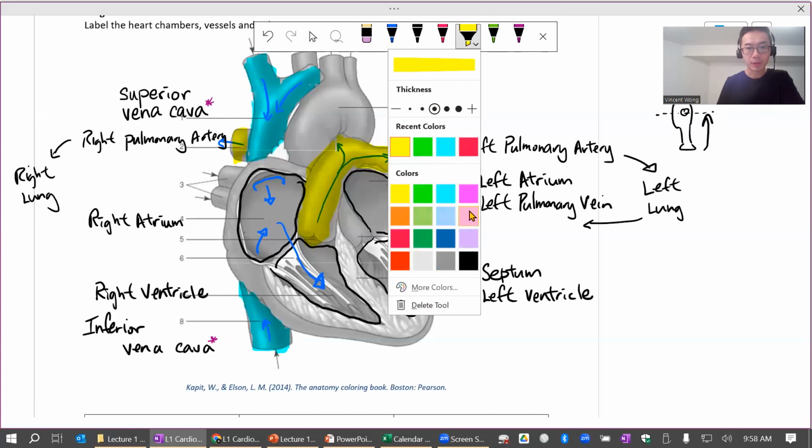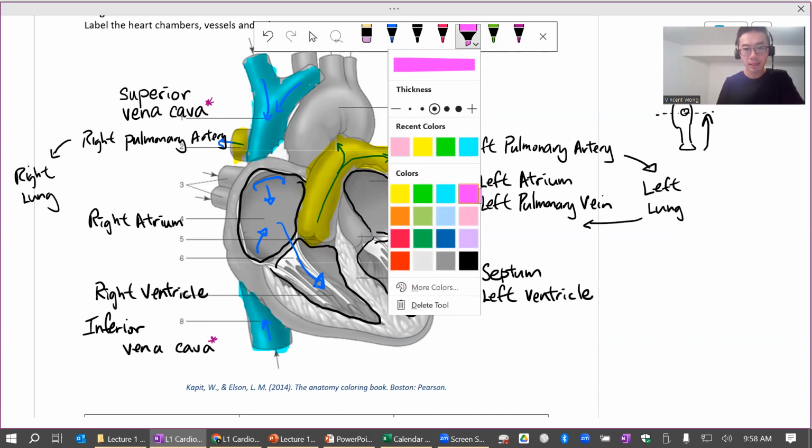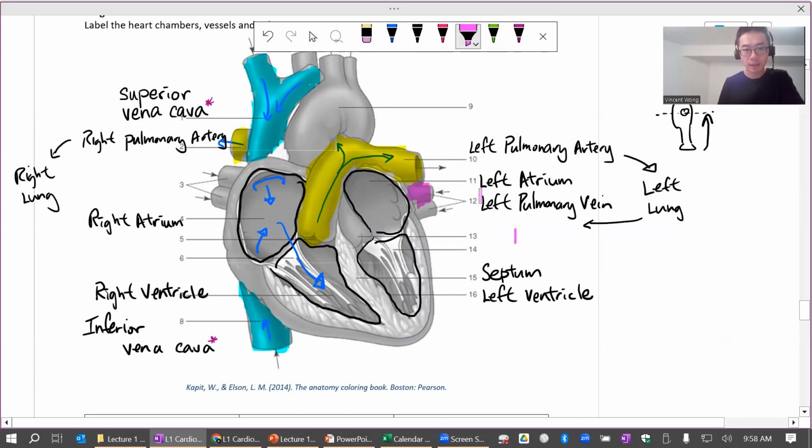Okay, so let's color those. Right here. Right there. They only show two on each side. Some people have three though. It's a genetic thing.